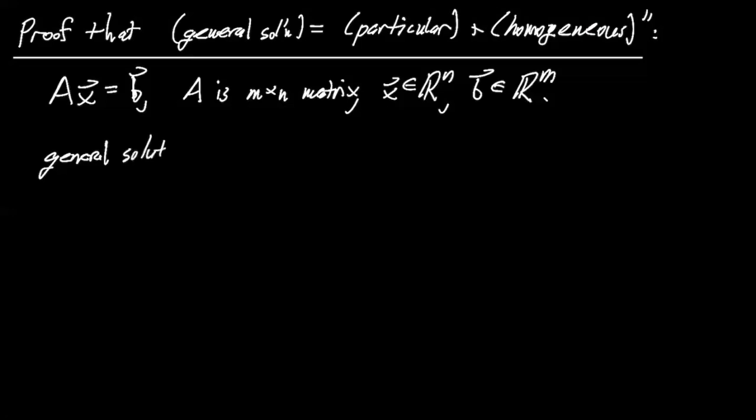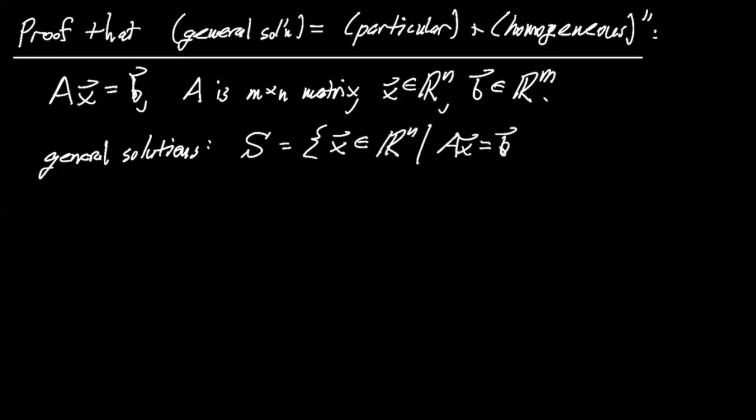we could designate that by a set, right? So there's a set S. And that's the set of all x in Rn such that Ax equals b. Where b is a fixed vector and x is sort of a variable here.